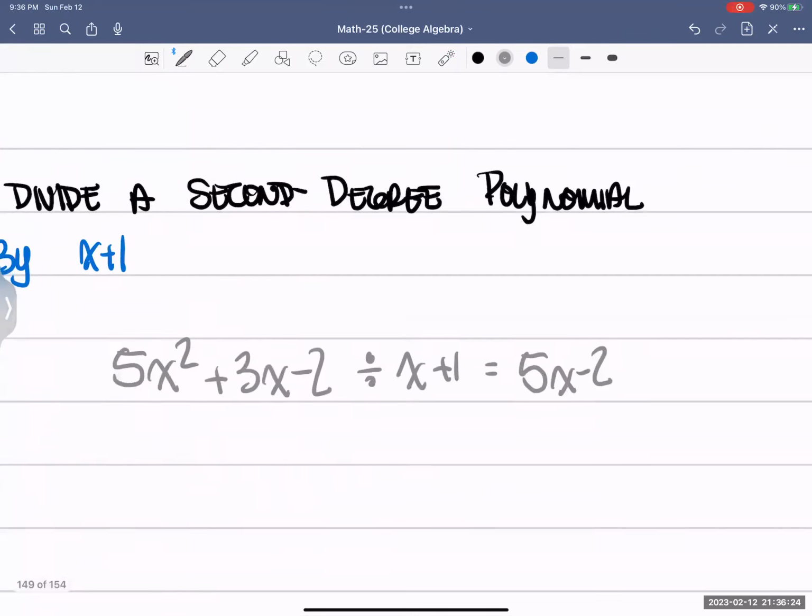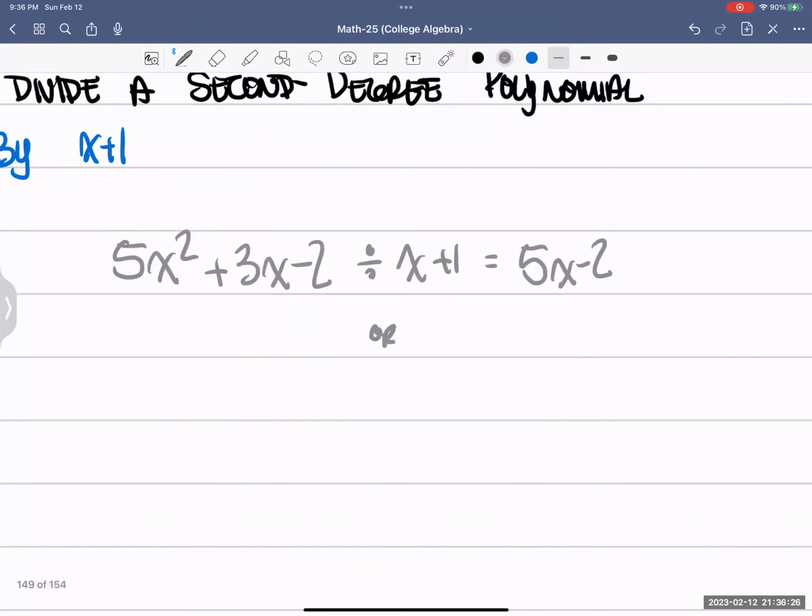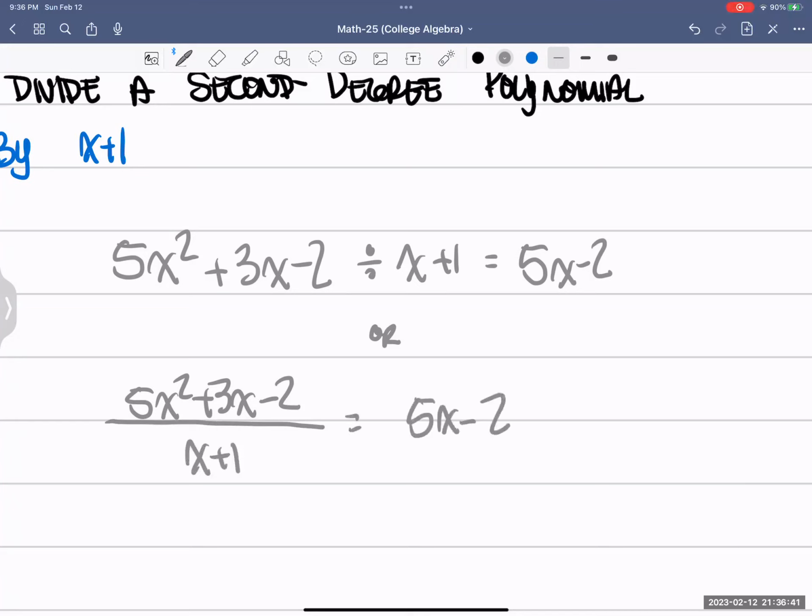We can write it like that, or we can write it as 5x squared plus 3x minus 2 divided by x plus 1 is equal to 5x minus 2. Either one is correct. One is not better than the other. They're both exactly the same.